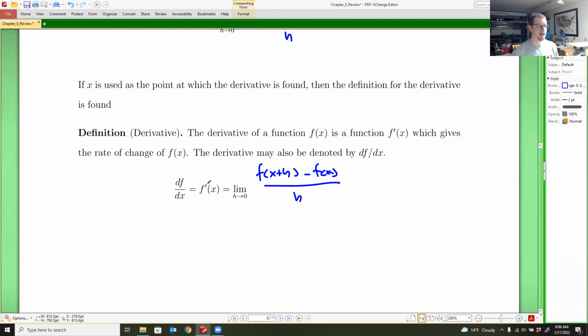Notations for this, again, f prime of x now instead of f prime of a, because we're looking at the general point x. And there's also the notation of df dx. Now, why are there two different notations? Well, it depends on who you want to focus on when you're talking about the development of calculus.